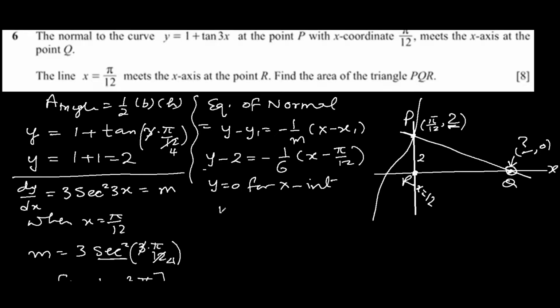So 0 minus 2 equals minus 1 over 6 times (x minus pi by 12). 6 multiplies with minus 2, rather minus 6 multiplies. Let's take this minus also, so it becomes positive 12 equal to x minus pi by 12.